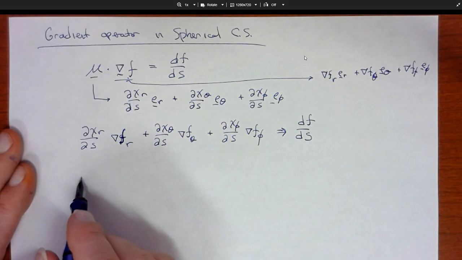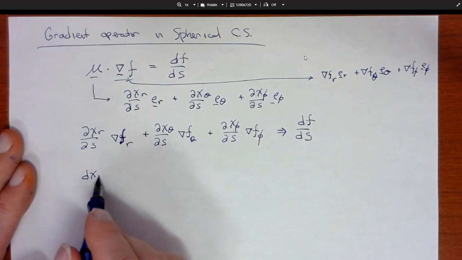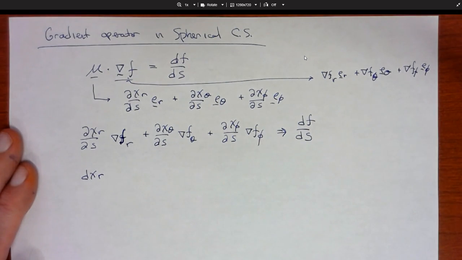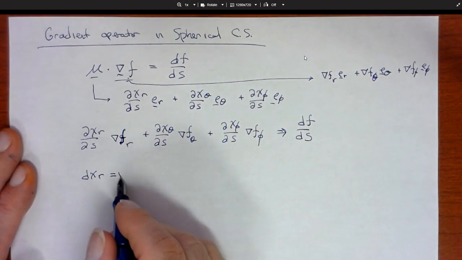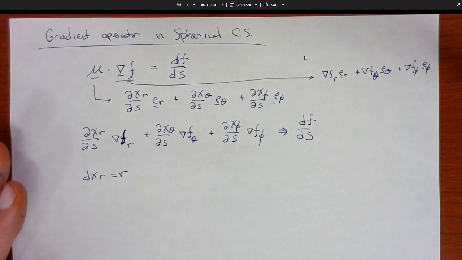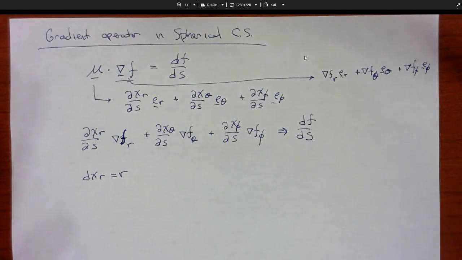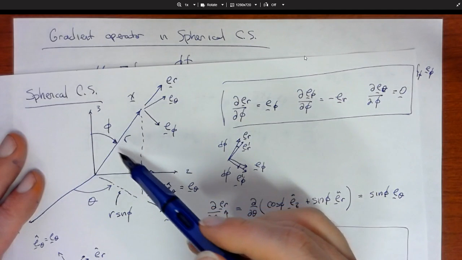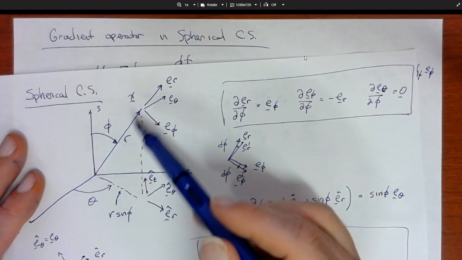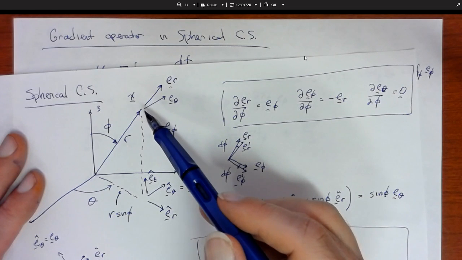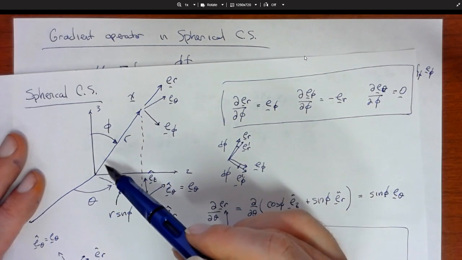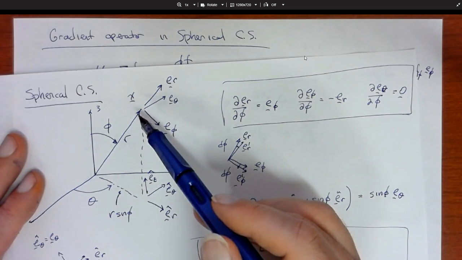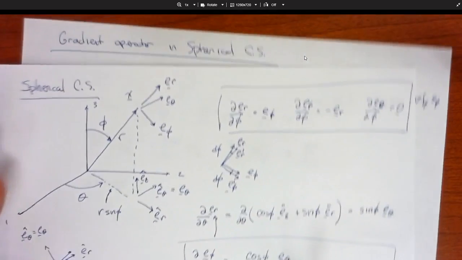Okay, so like before, when we perturb in the radial direction, the measure is just going to become dr. Now, let me go back to this picture. If we move in the phi direction, if we perturb in phi, the distance it's going to move is r times d phi.